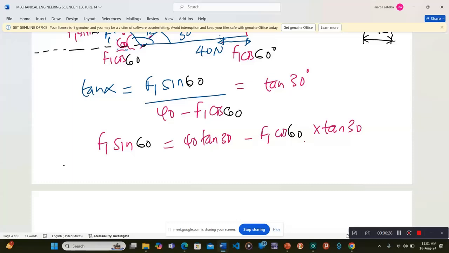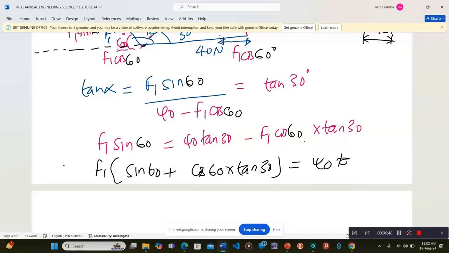So you collect the terms where there is F1 and put them together. I take this to the other side, so that I have F1 times sine 60 plus cos 60 times tan 30 degrees, and this is equal to 40 tan 30 degrees.